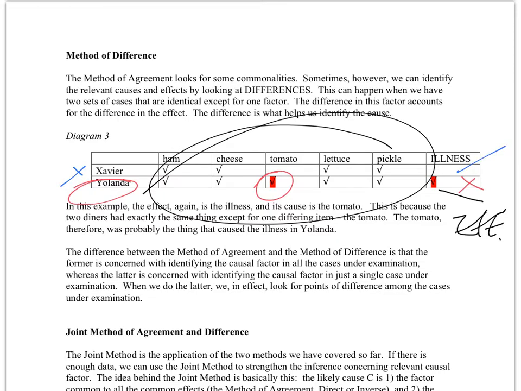The thing that differed in what they ate was the tomato, and in that case, we could identify the tomato as the cause of Yolanda's illness. So, depending on the setup of a situation, sometimes it's going to be the method of difference that you use in order to identify what caused what.